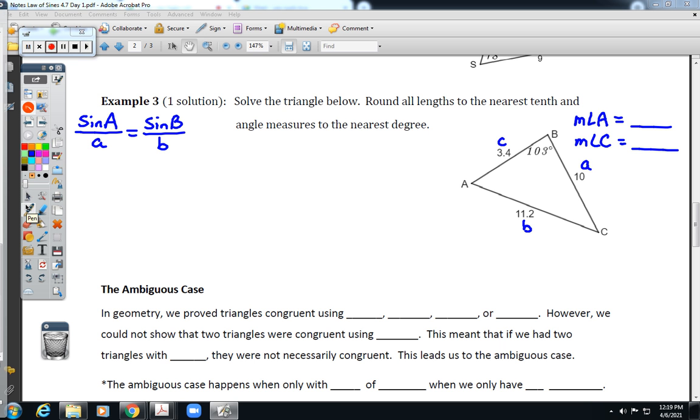So we have the sine of angle A, we don't know what that is, over 10 equals the sine of angle B, which is 103 degrees, over little b, which is 11.2.